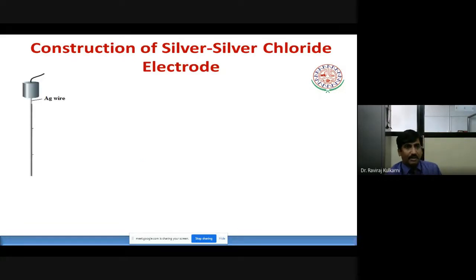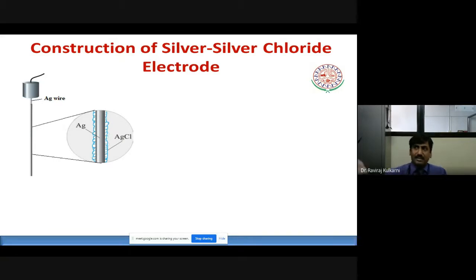So this is a silver wire coated with AgCl. You can directly do this experiment. Take a silver wire and dip it in HOCl, hypochlorous acid, and you get an AgCl coating on the surface. Take a beaker, and in that you take HOCl solution, from bleaching powder with a small amount of HCl.